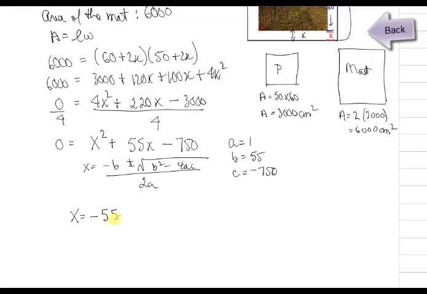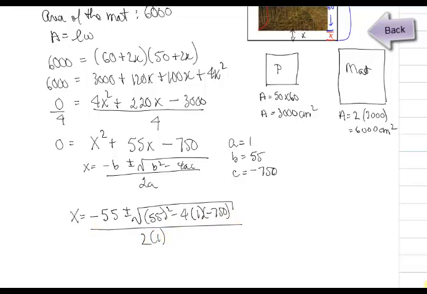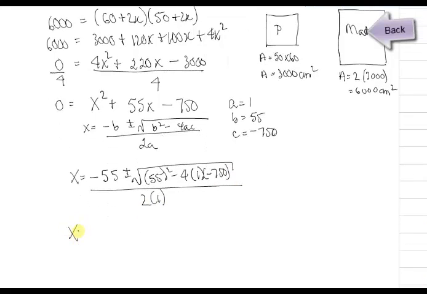Negative b, so negative 55, plus or minus the square root of b squared, minus 4 times a, which is 1, times c, which is negative 750, all over 2 times a, which is 2 times 1. Now simplify what's inside the radical sign, the square root sign, and you get 6,025 all over 2.